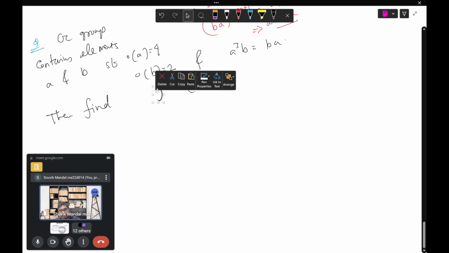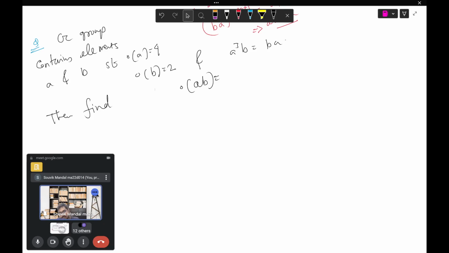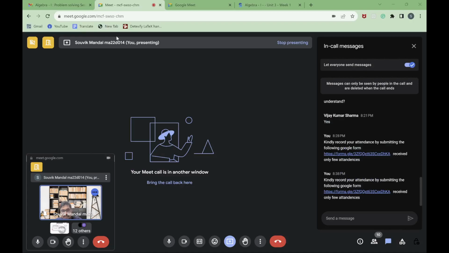And the relation is a cube b is equal to ba. Now we need to find the order of ab. It's a simple problem. Do the calculation. Try it for some minutes.